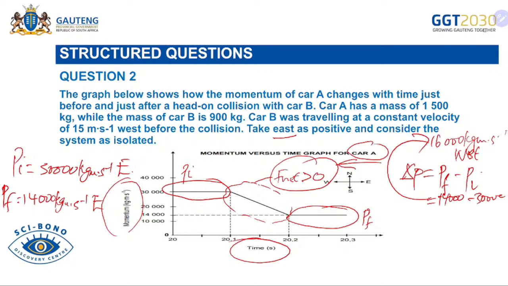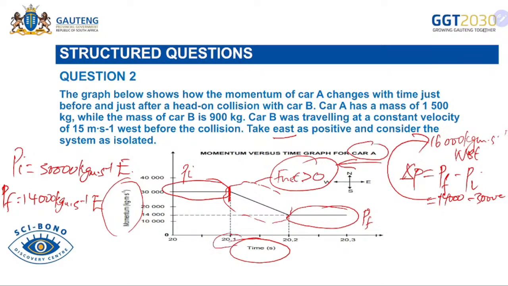You can even see on your graph that there was a change in momentum at t equals 20.1. They can even ask you where the collision between car A and car B happened. The collision was at 20.1. Why?